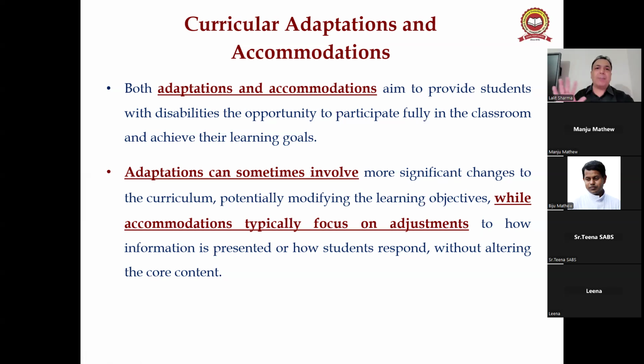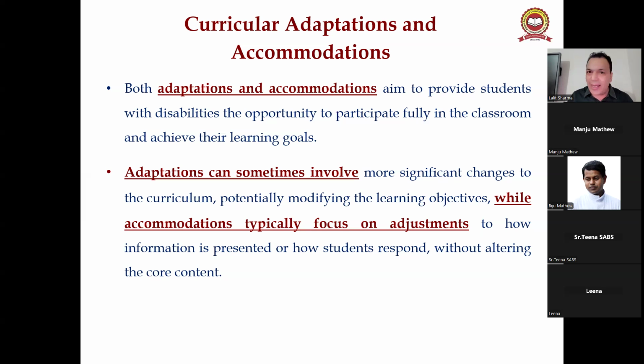So being a teacher, being a principal, we have to provide the adaptations and accommodations to the disabled person so that they can also learn along with the normal students. And we do not have to lower the curriculum, but we have to break down the curriculum so that the content, the topic, would be easily understood by the students. Right, guys? And now I hope this concept is clear regarding adaptations and accommodations.